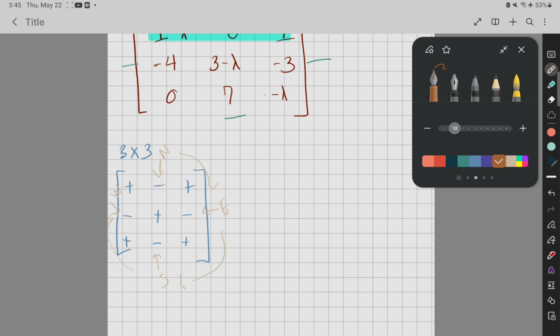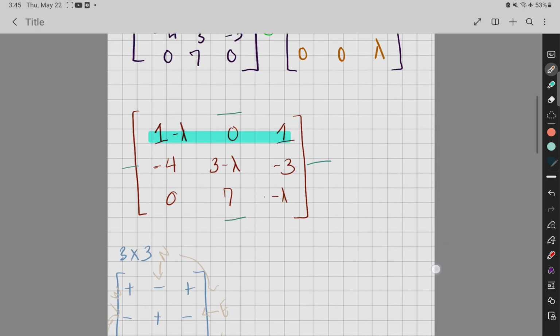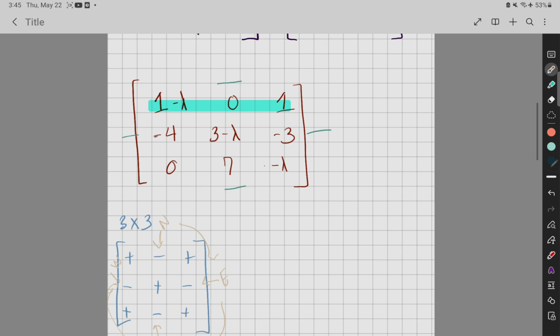So now that we have that, and we understand that we're doing this by the first row, what we're going to do is set up the cofactor expansion. Yay.